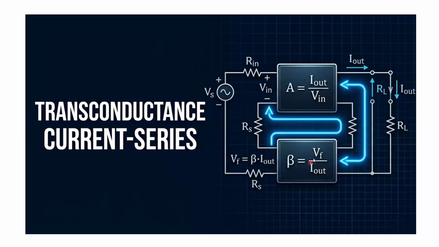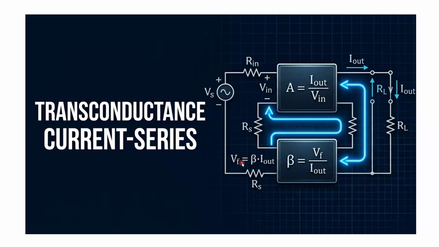So the ratio of voltage divided by current is called the feedback factor, and from this we can easily calculate the feedback voltage that we are obtaining, which is equal to beta times I out.